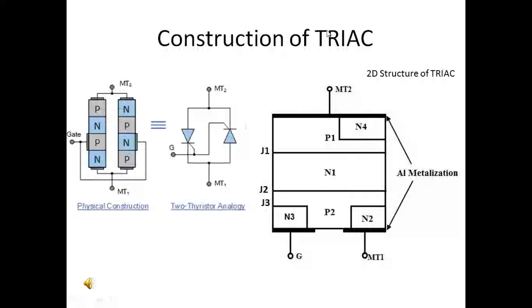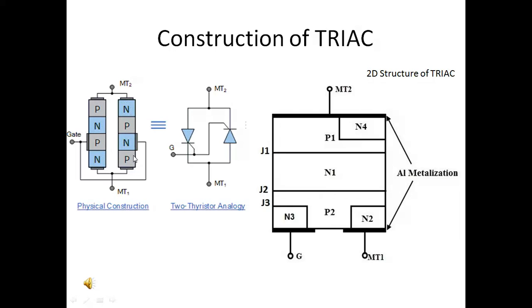Construction of TRIAC. As I said, TRIAC is a combination of two SCRs. Looking into the physical construction and what we have previously studied regarding SCRs, SCRs have four layers, either PNPN or NPNP.